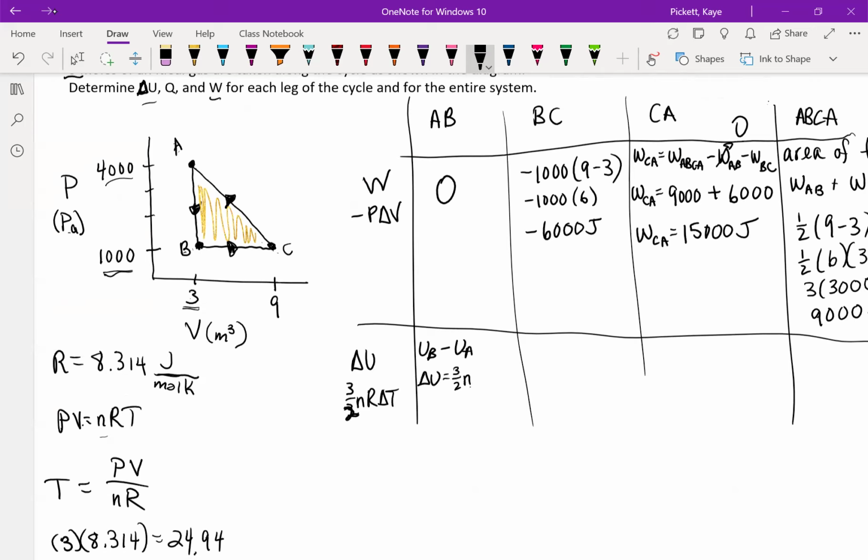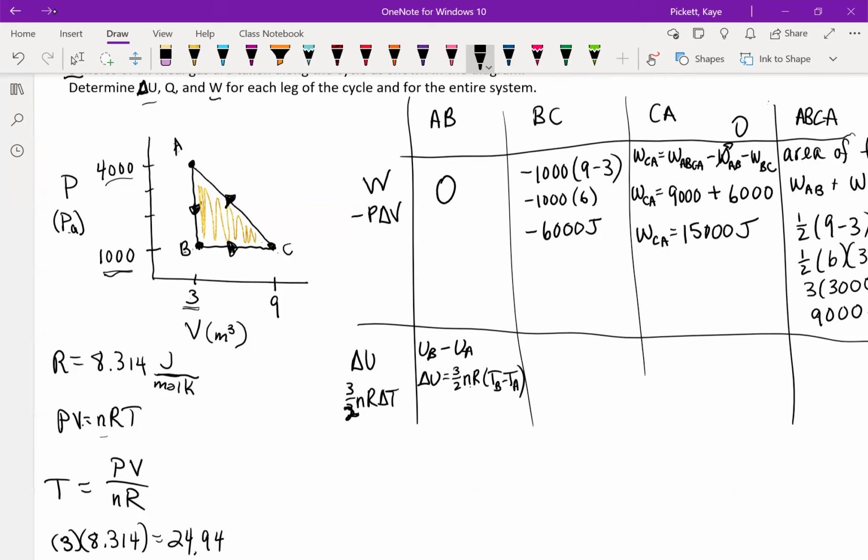3/2 nR times TB minus TA. Yep, I know I made that too squishy, but that's okay. So 3/2 nR times TB minus TA. Well, the 3/2 nR is going to be the same for all of the pieces.